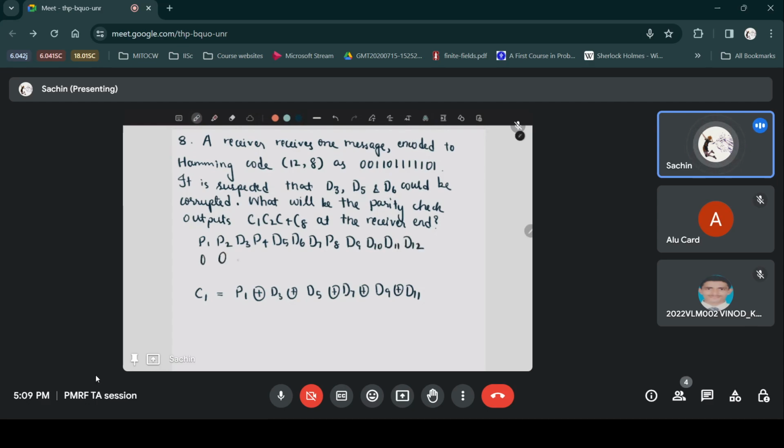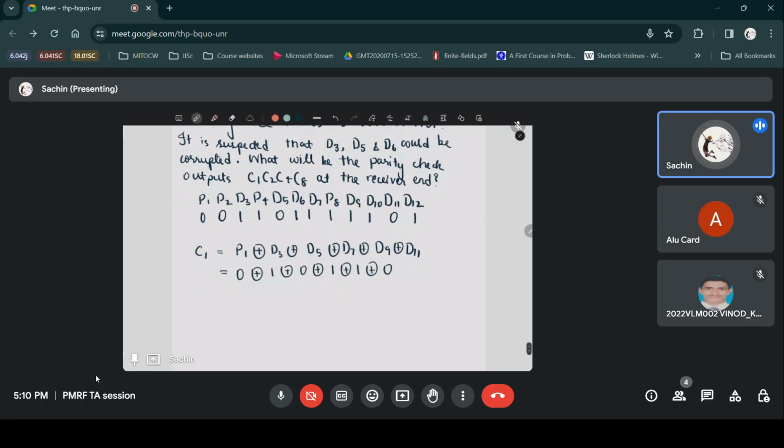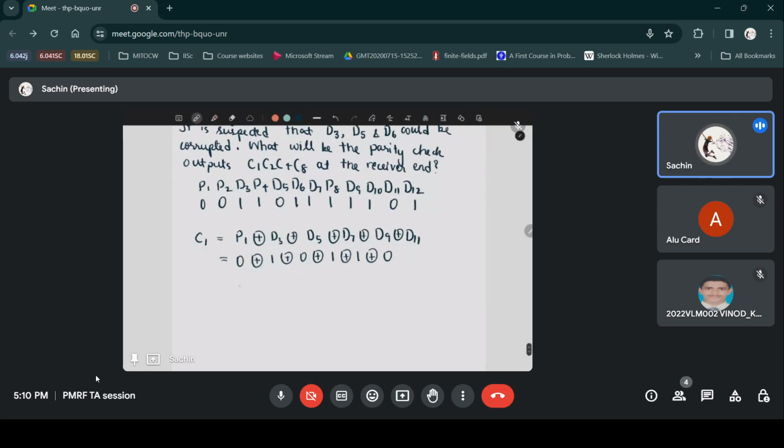That is 0011, 0111, 1101. So P1 0 XOR D3 is 1, XOR D5 is 0, D7 is 1, D9 is 1, D11 is 0. So there are three ones here which are being XORed together, so we'll get output as 1.